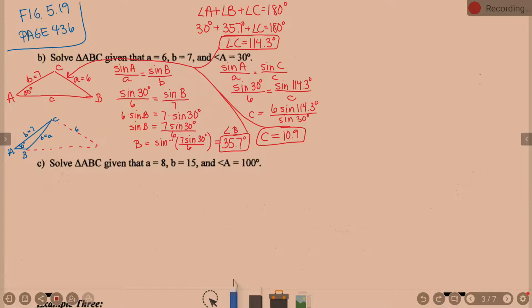This side was originally 6. This side folded under, it's 6 over here, yes? If you have two sides the same, what do you know about the angles opposite those sides? You see where I'm going with this? They're congruent, yes.